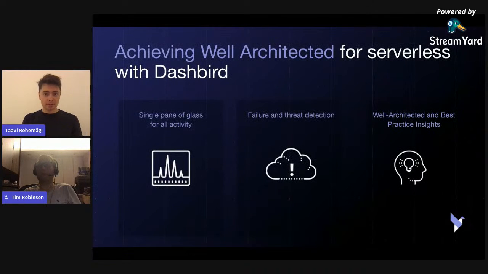And to come into Dashbird a bit more, the way we approach this is threefold, and our product and platform is built on three core pillars. The first thing we do is connect your AWS account, and then we ingest data across all of the managed services that you might be using. And we do that across silos as well. So we ingest logs, metrics, tracing data, and configuration data.